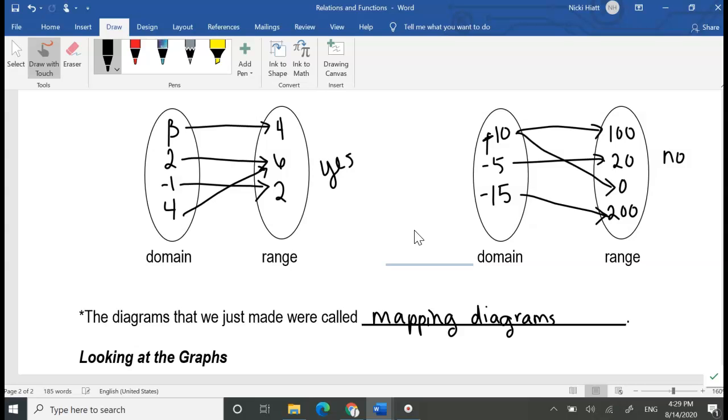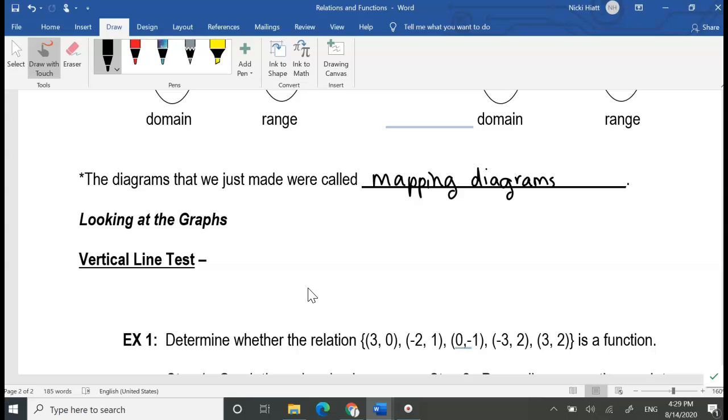Okay. Another way that we're going to figure out if something is a function or not is by looking at the graphs. And when we're doing this, we're going to do something called the vertical line test.